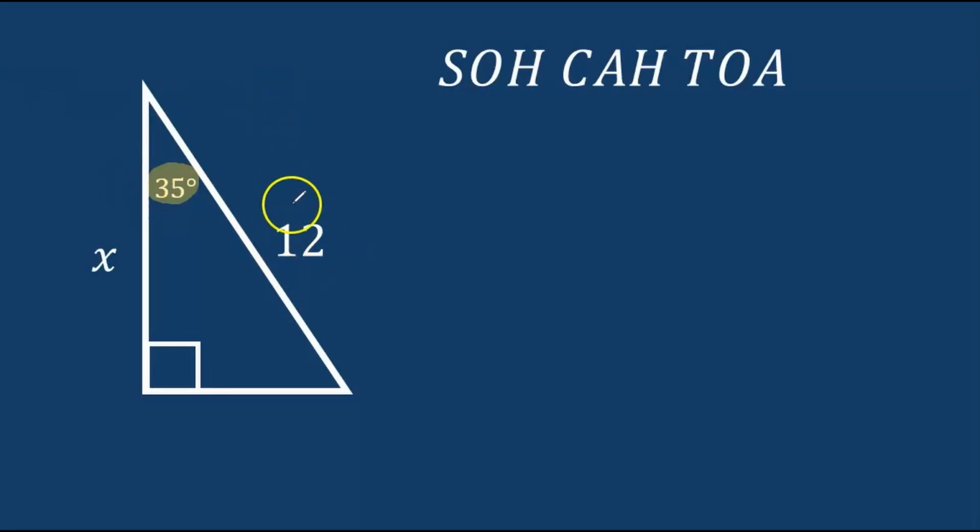So we're being given the hypotenuse, so I'm going to label this hypotenuse. And we're also being given the adjacent, so I'm labeling this adjacent. Since I have the hypotenuse and the adjacent, that's how I know to use cosine.